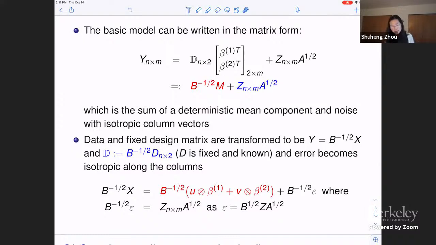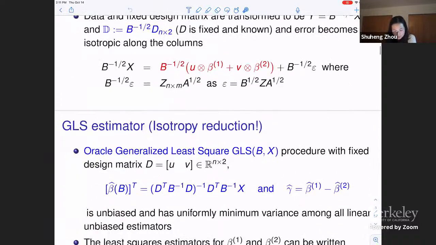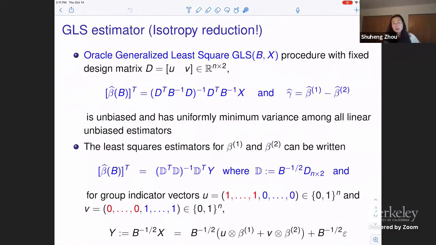And so this is a sum of a deterministic mean component plus a noise, which is isotropic along each gene direction. So we can design estimators to estimate the mean difference for each gene, as we already know in the classical theory, is to do generalized least squares. So you look at the transformed matrix, which I put in the bottom.